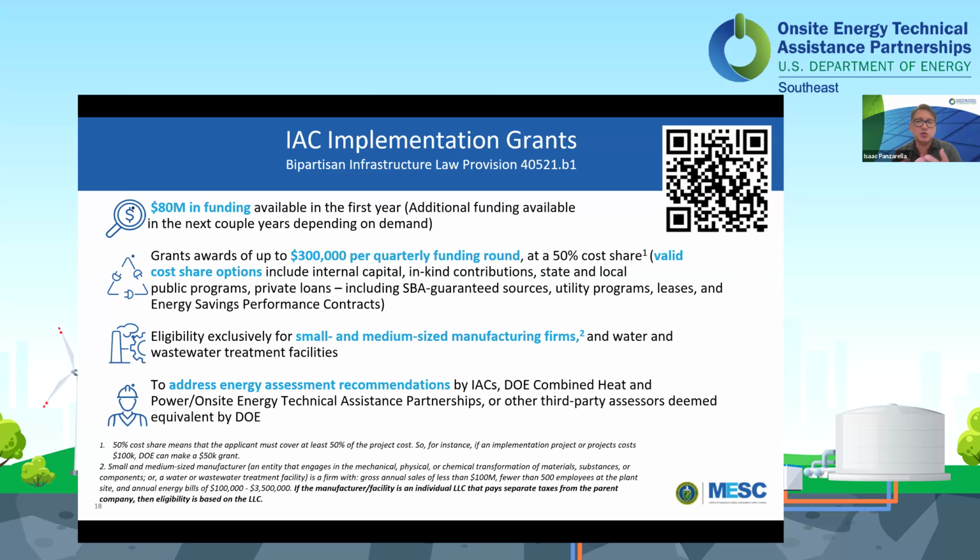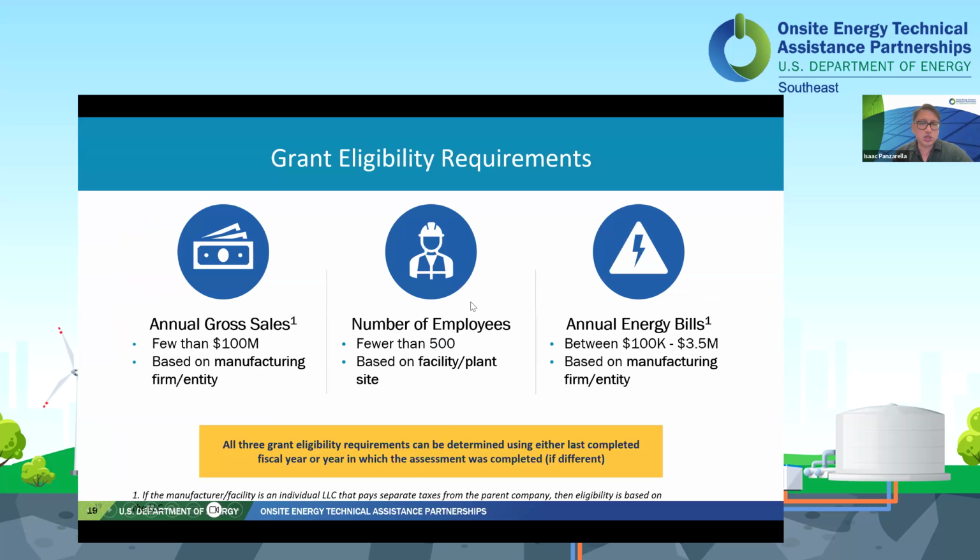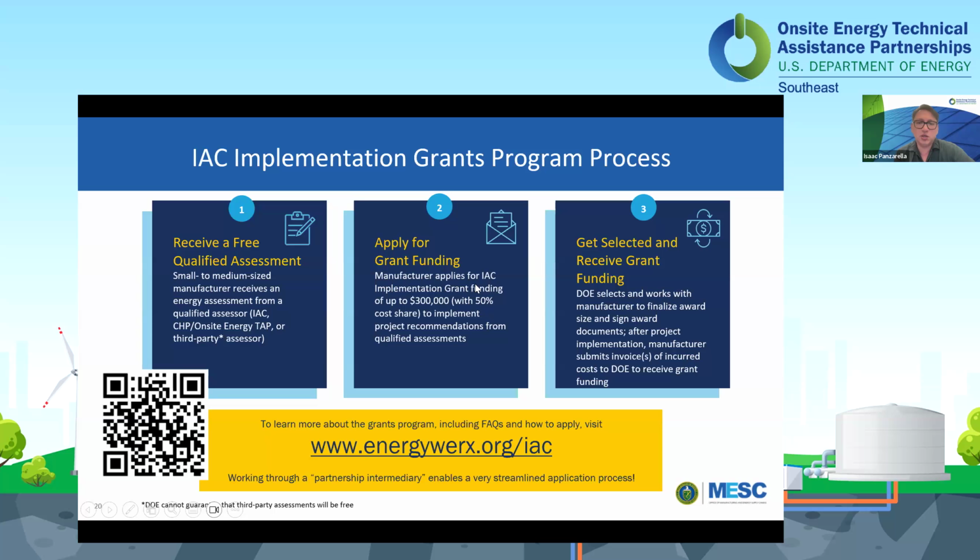So working with us will help you qualify for this $300,000 grant per quarter. The next slide shows further information on the implementation grant, summarizing the eligibility requirements, and the next slide shows some of the process for that.